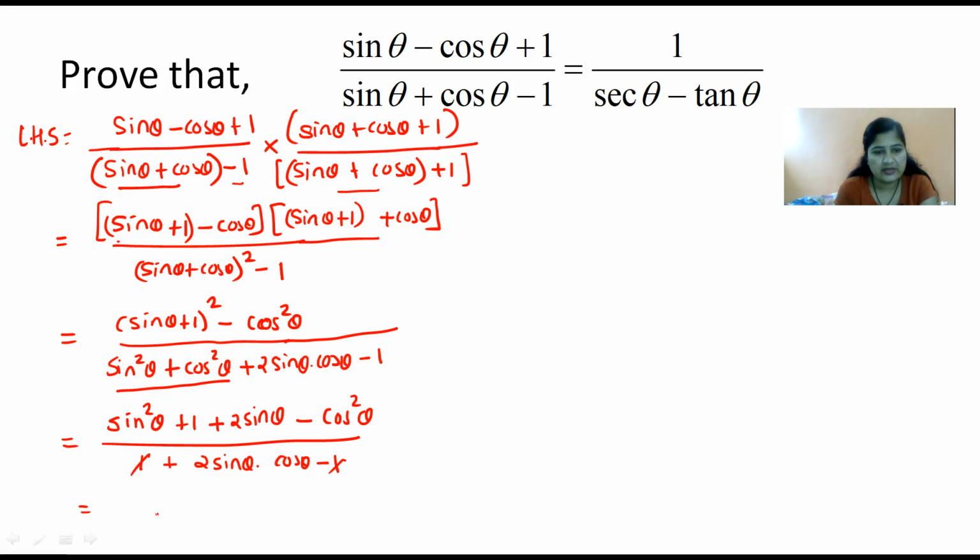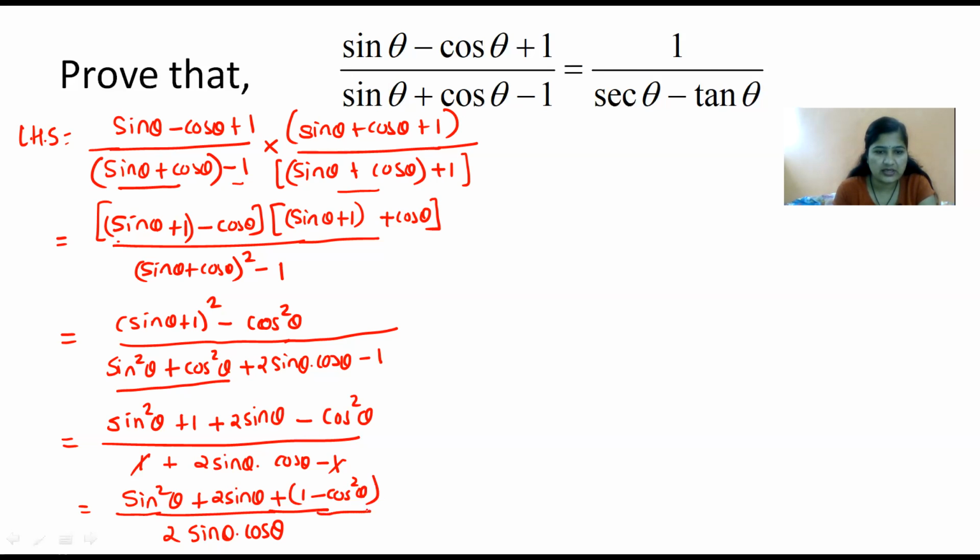So the denominator is 2 sin theta cos theta as it is. Now the numerator is sin square theta plus 1 plus 2 sin theta, minus cos square theta. So I can write this as sin square theta plus 2 sin theta first, and this is plus 1 minus cos square theta.